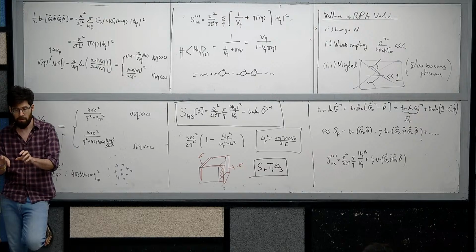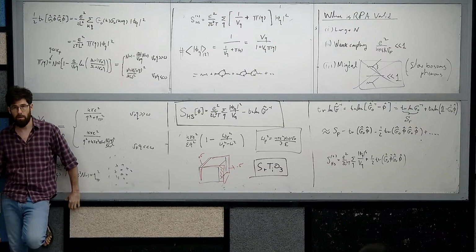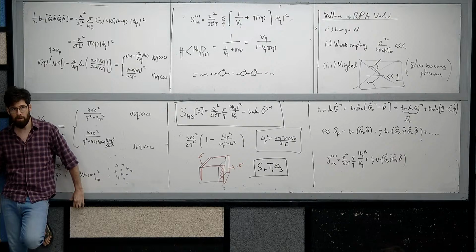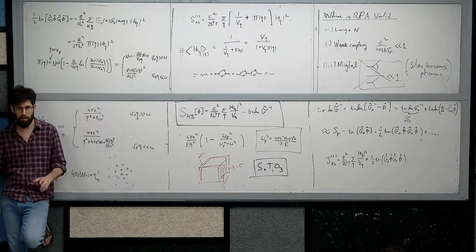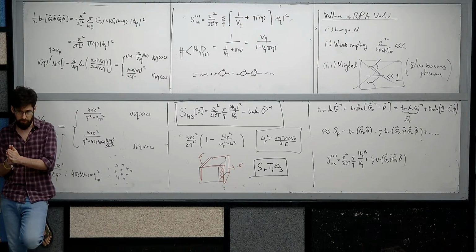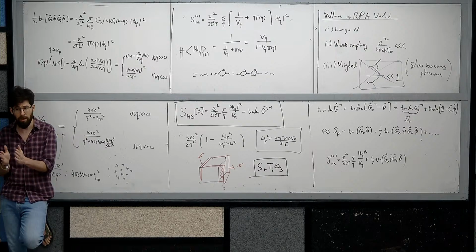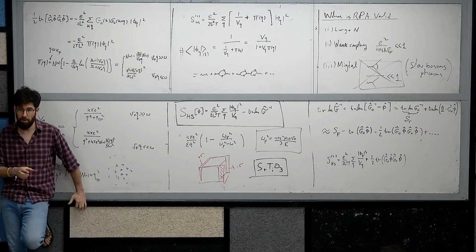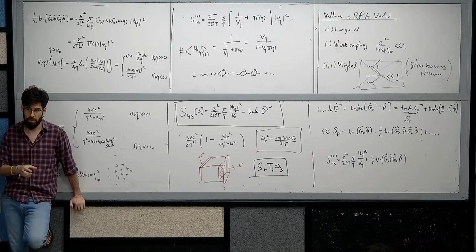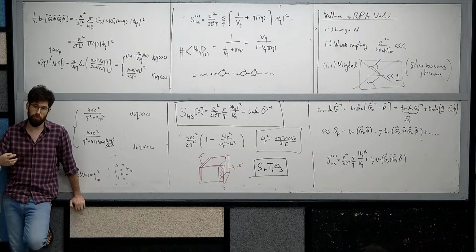So I showed you that at the bare level, before we took into account the effect of the electrons, the correlator of phi gave us the bare interaction. So now I'm allowing myself to continue to interpret the correlator of phi as the interaction between electrons.